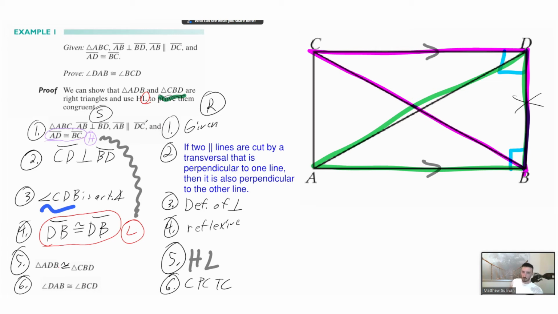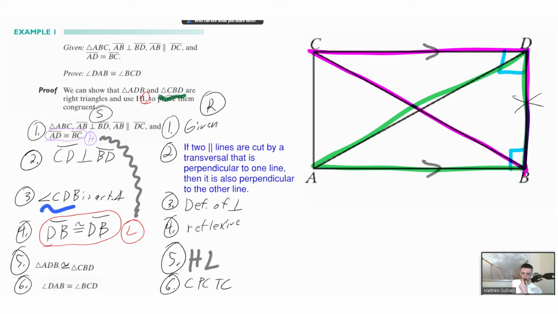Okay, let's just recap the steps. Once you write down your givens, can you explain what we did in part 2? You said that segment CD and segment BD are perpendicular because of the theorem. Is it a postulate or a theorem? That should be a theorem.